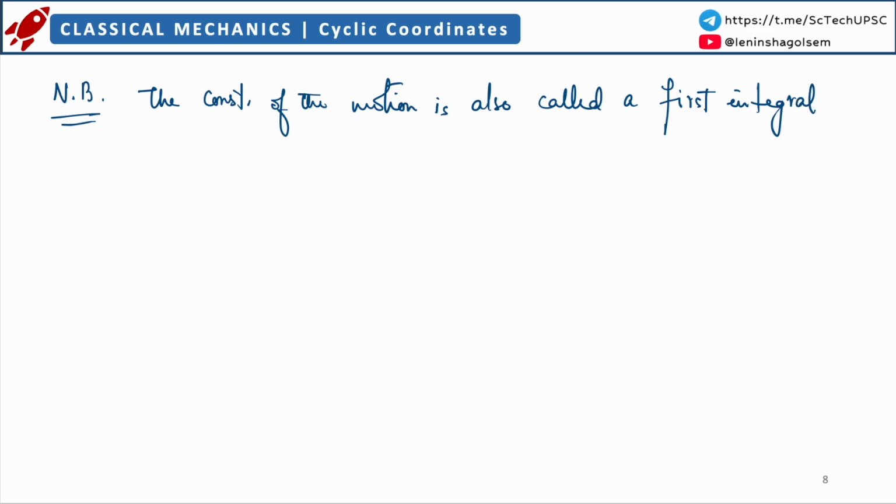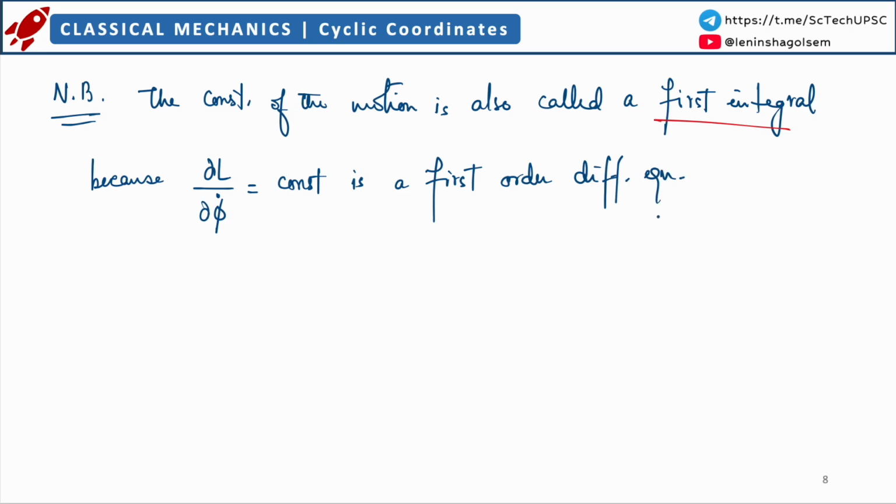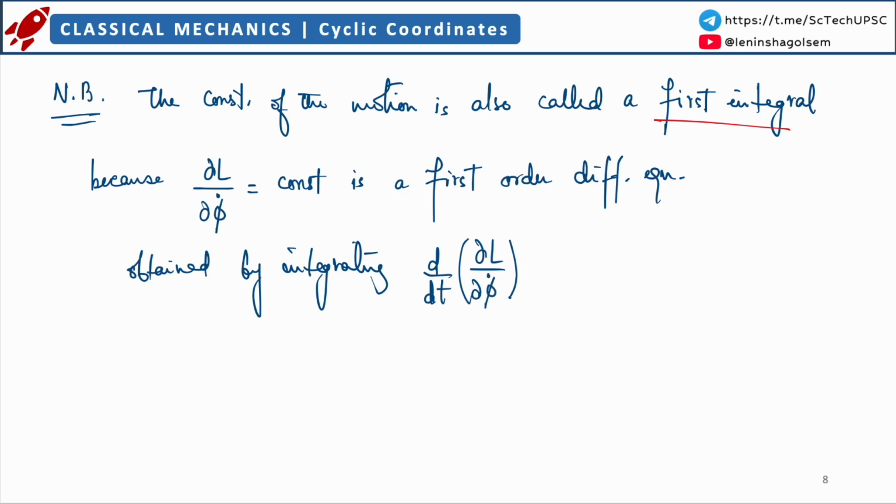The reason is very simple: del L over del phi dot equal to constant is a first order differential equation, and it is obtained by integrating the equation d/dt of del L over del phi dot equal to 0.